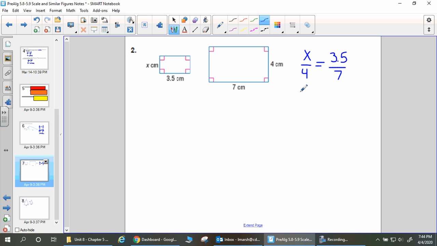If I'm back here, I'm going to cross multiply 7x. 4 times 3.5 is actually 14, which works nicely because that means when I divide by 7, I get 2. And if I look at my picture, this is centimeters, so let's add centimeters.